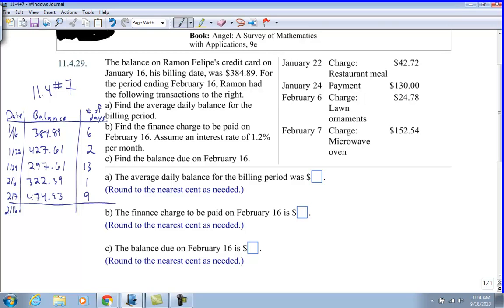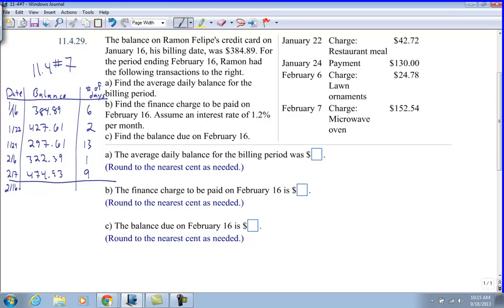We want for A the average daily balance. So for the average daily balance, what we do is 384.89 times 6 plus 427.61 times 2 plus 297.61 times 13, because it's 13 days, plus 322.39 times 1 plus 474.93 times 9.